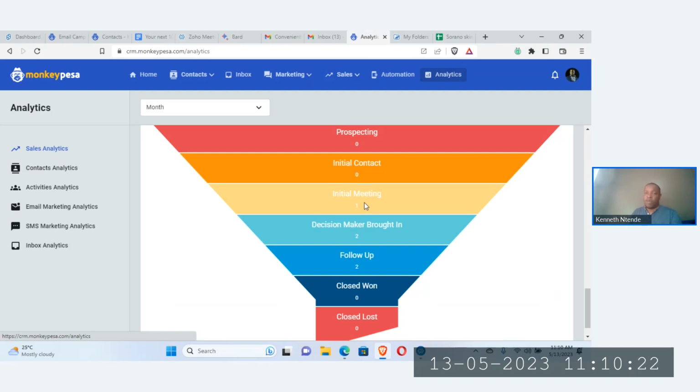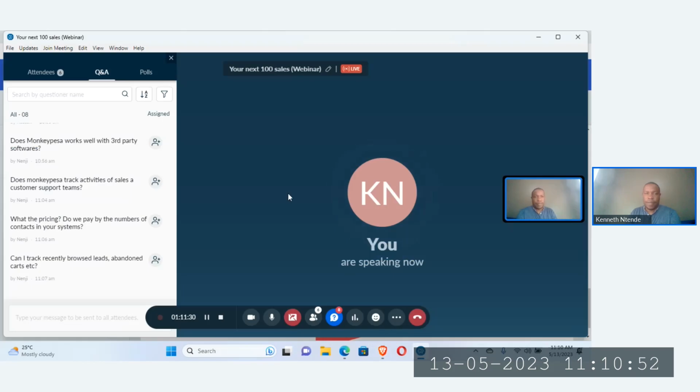We're adding a lot more value metrics, but all the metrics are interrelated, starting from what marketing led to this deal, and of these deals, how far are they? Are there any activities under them? What are those activities? Number 3, have they been converted or not? Number 4 is we eventually help you understand what customer support is doing and what role they are playing towards helping you retain that customer. So that is the trio we're looking at achieving.